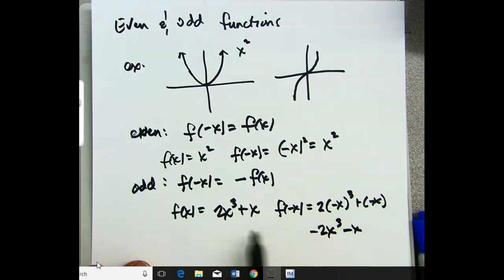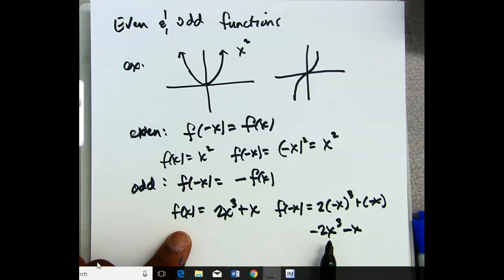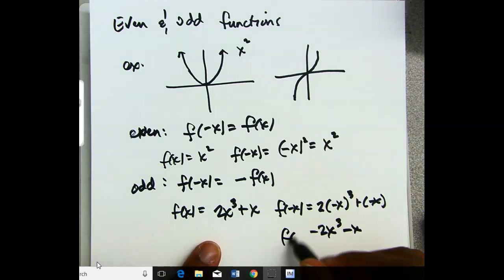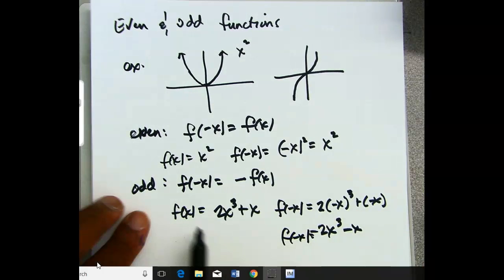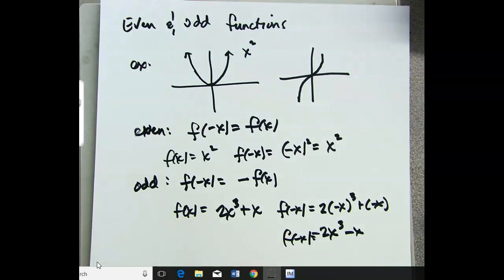So what we notice here is that your answer with the composition is the same thing as negative 1 times f of x. So this is an odd function. So basically what you're looking for in an odd function is if you do the composition of negative x, if the signs of each of your terms change, that's the same thing as multiplying through by negative 1, then you're going to get an odd function.